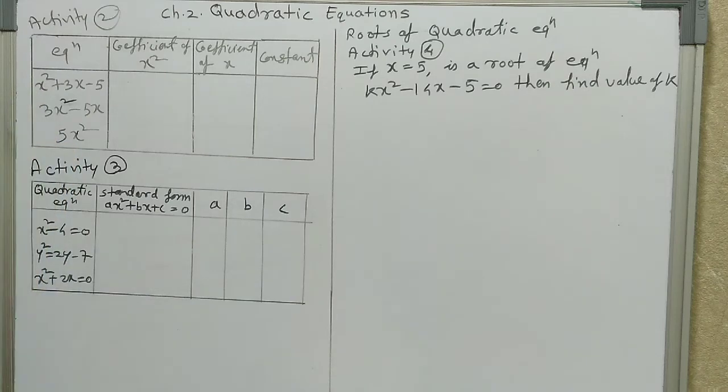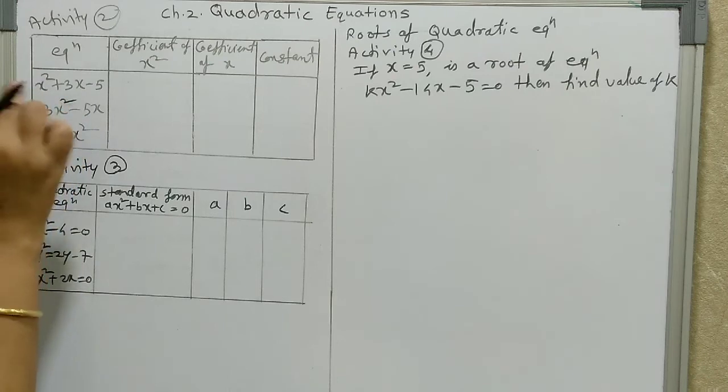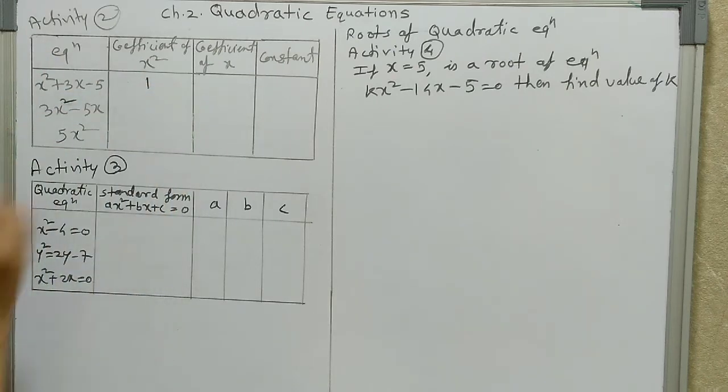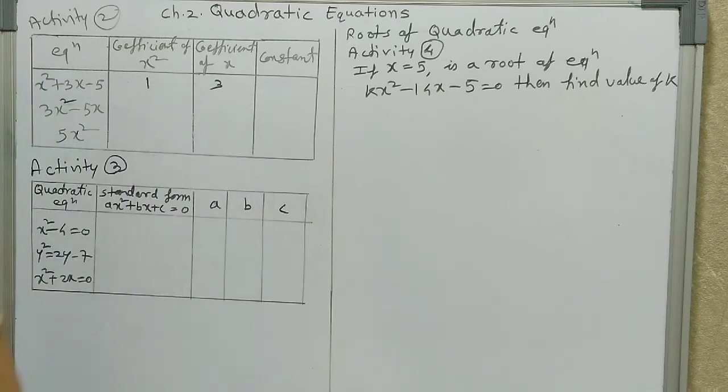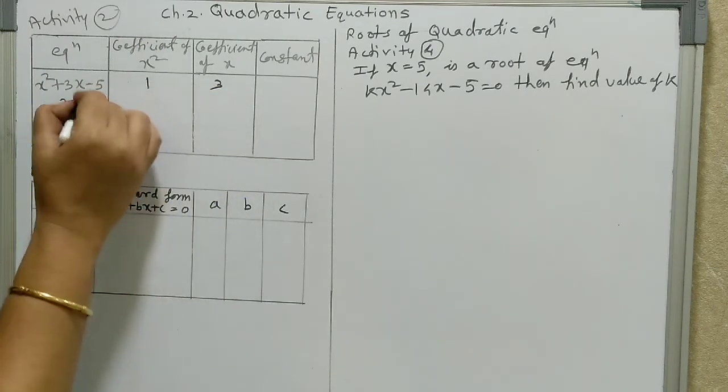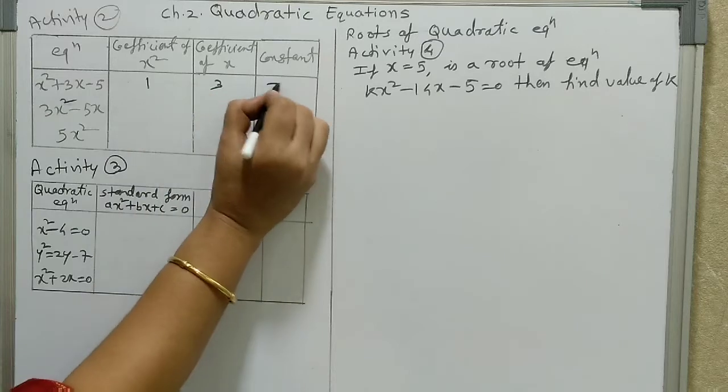See the first equation, x square plus 3x minus 5. Here the coefficient of x square is 1, so we write 1. The coefficient of x is 3, so we write 3. And next is the constant, minus 5.